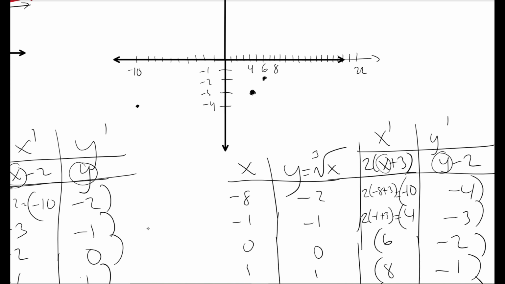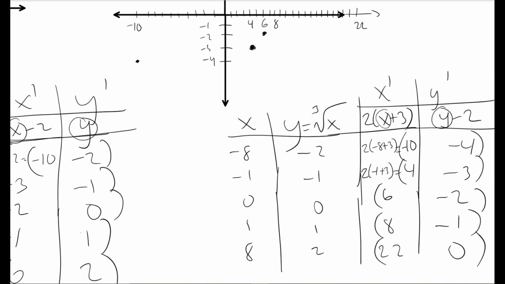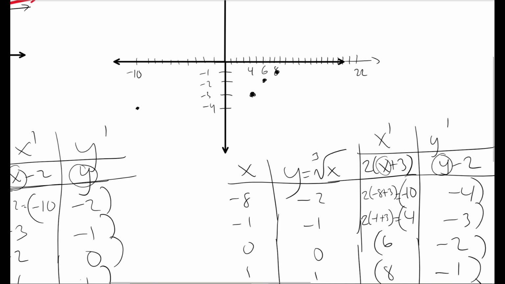And then when x is 8, y is negative 1. And then when x is 22, y is 0. So we have our graph. So it looks something like that.